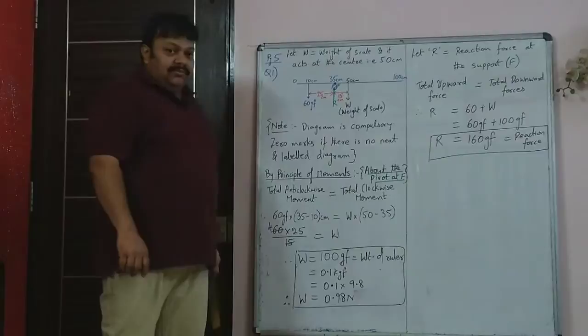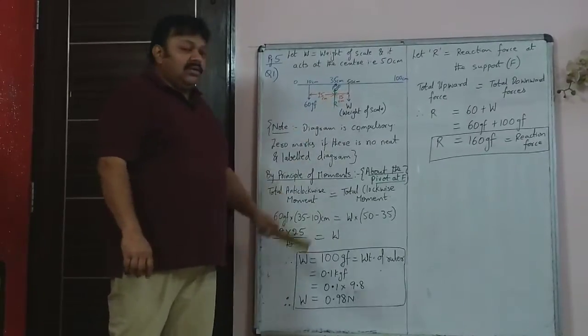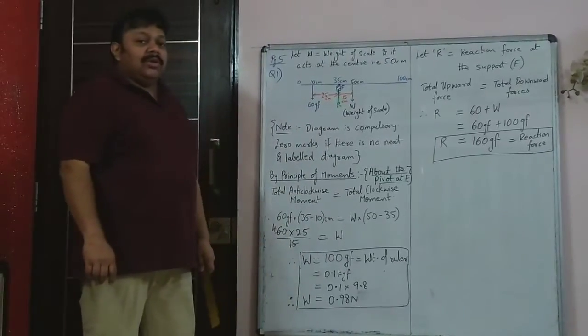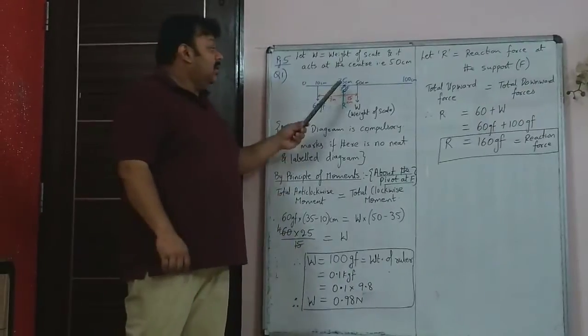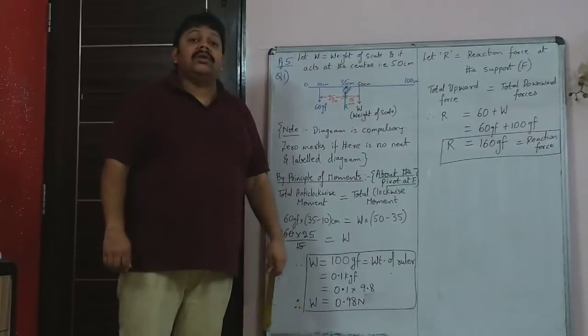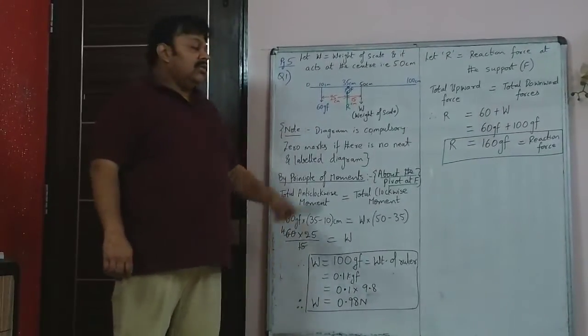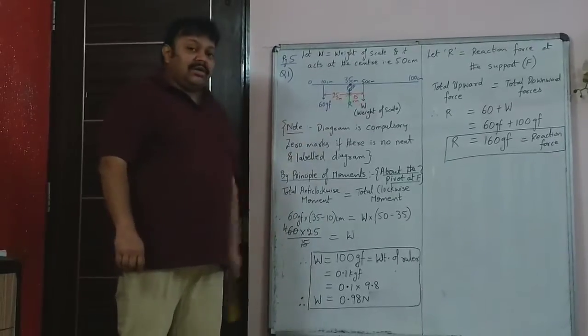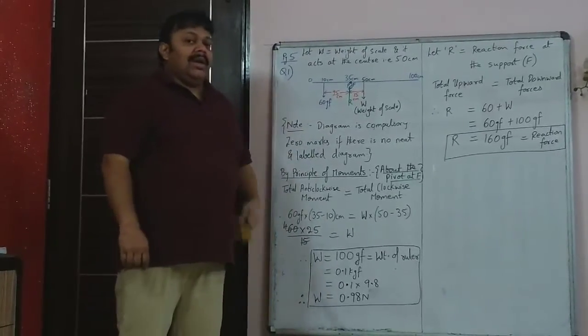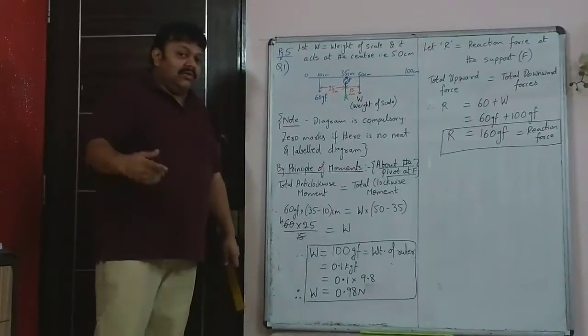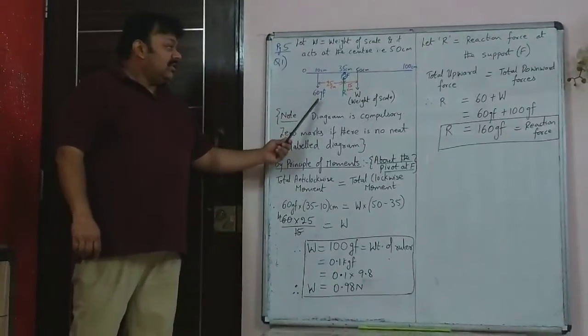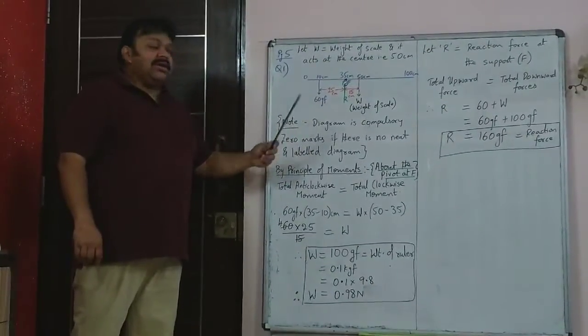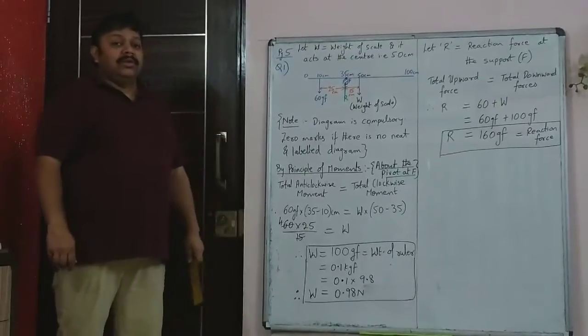There is a fulcrum or a pivot at the 35 centimeter mark. It's given that the rod is balanced at the 35 centimeter mark. So that means the support is at the 35 centimeter mark. And you have another weight which is 60 gf, and that weight is placed at the 10 centimeter mark.